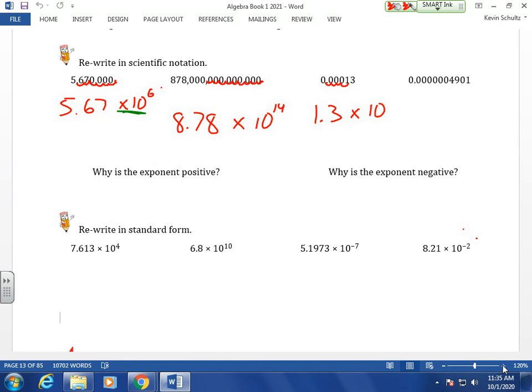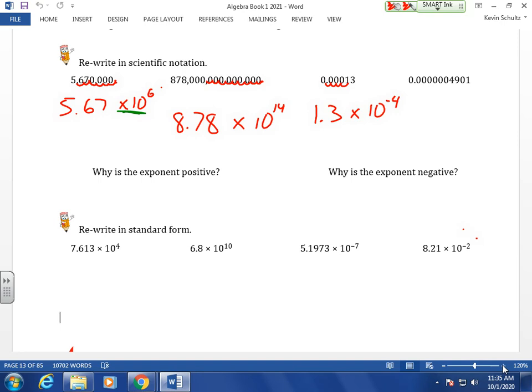And when you move the decimal to the left, instead of multiplying by 10, that is dividing by 10, so our exponent is negative. So it'll be 10 to the -4th, because how many times did we move it to get between the 1 and the 3? 1, 2, 3, 4. So to get back to the original number from 1.3 times 10 to the -4th, we have to move it 4 to the left.